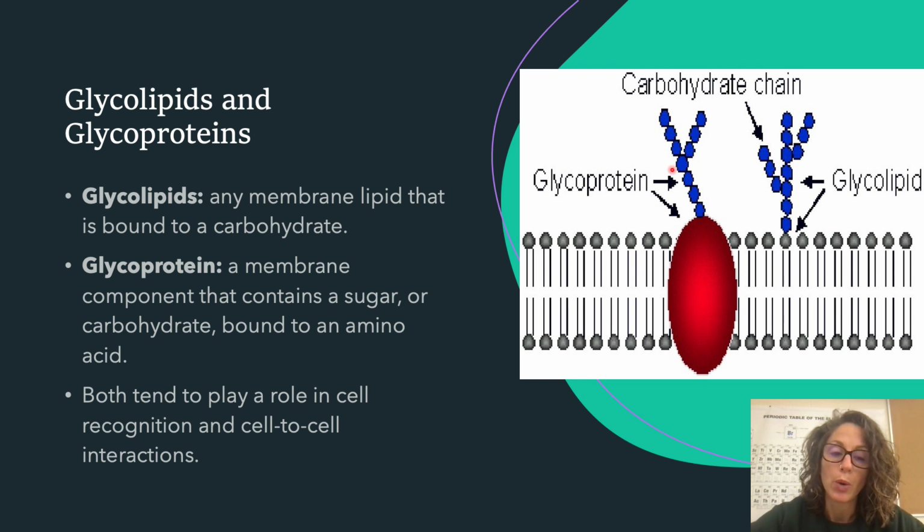Cell recognition is where it might interact with another cell or a signal from another cell. Same thing, there might be some sort of communication between cells. These will either tell another cell what type of cell this is, or give some sort of information to another cell. And that's something you would learn more about in further years of university.